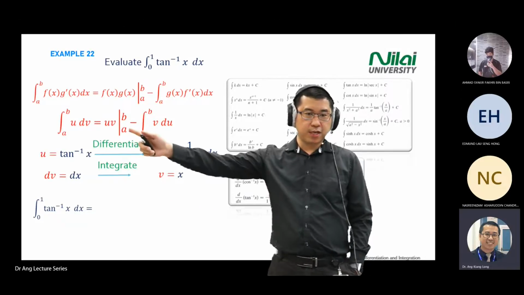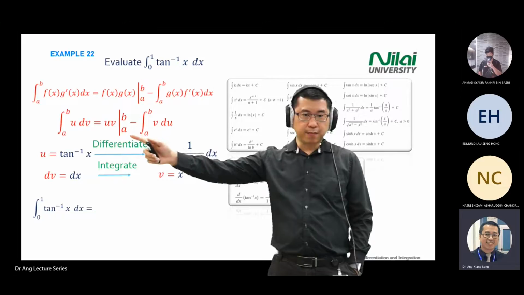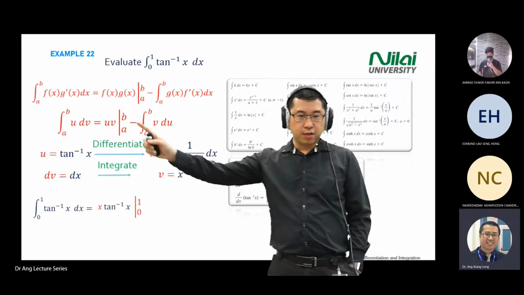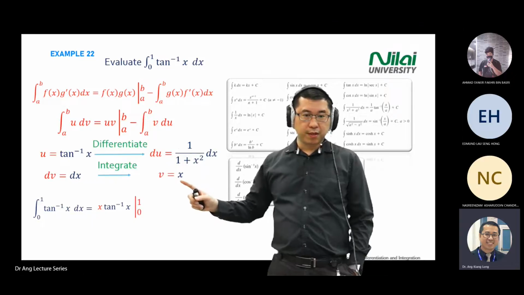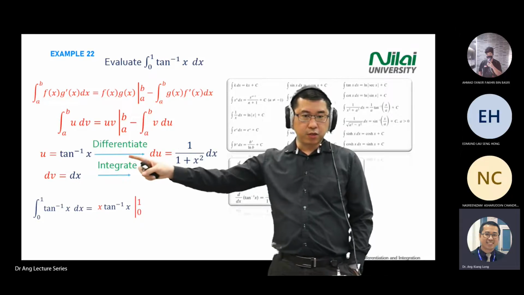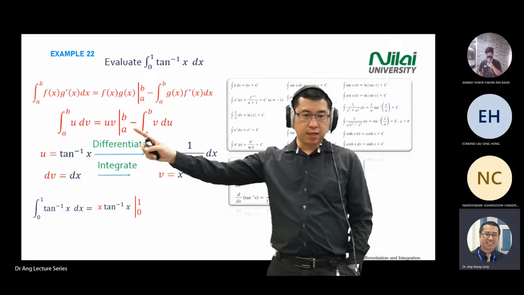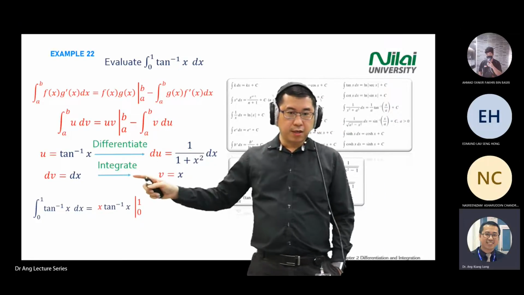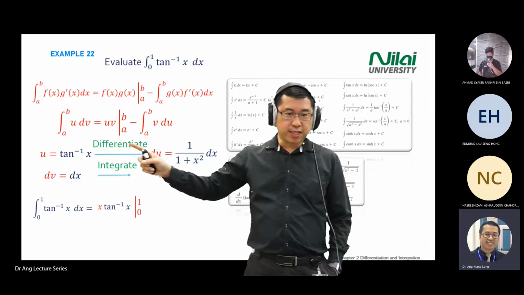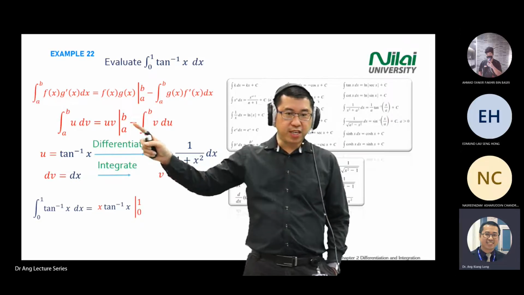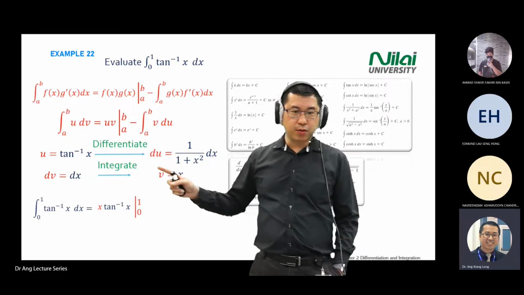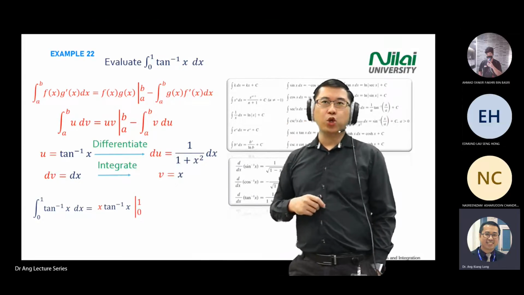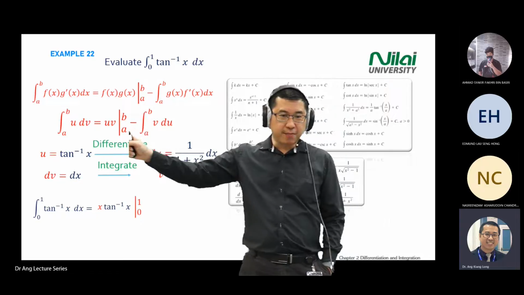So the first one, uv, then the substitution of a and b. How do you do it? Your u is tan inverse x, right? v is x, right? So basically it's a multiplication.